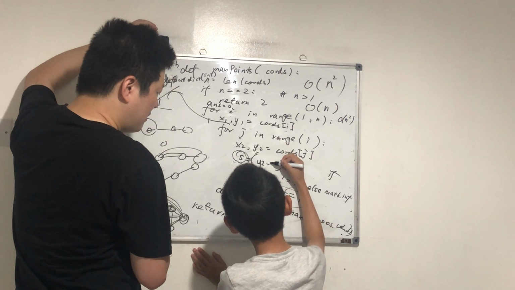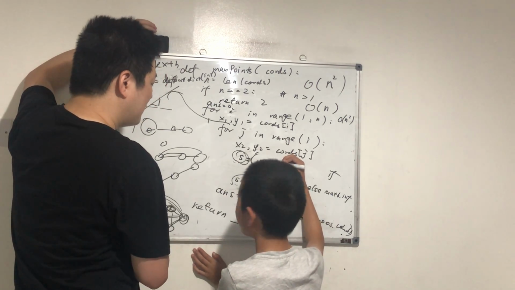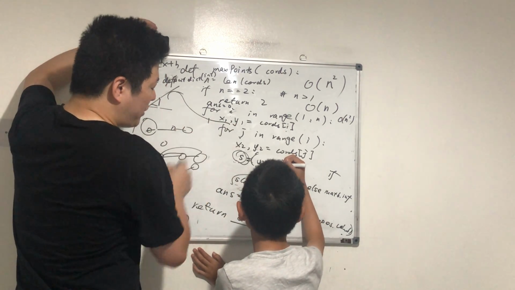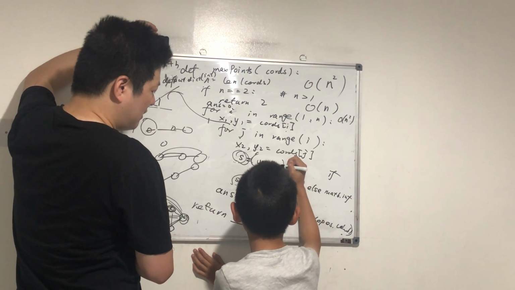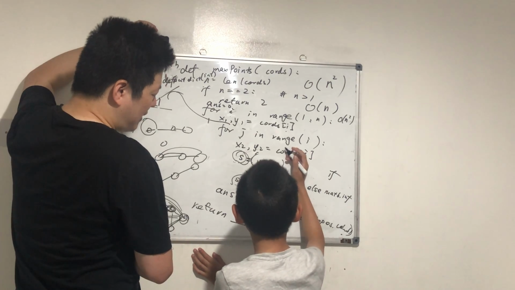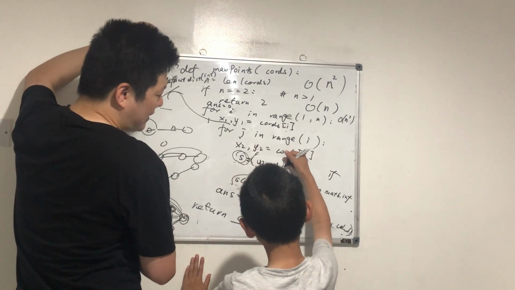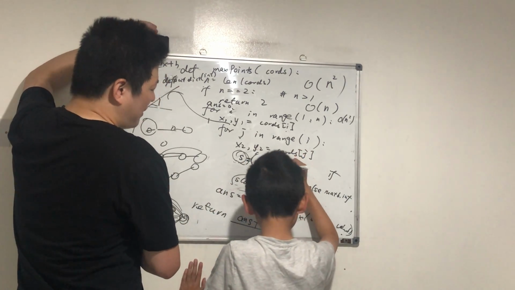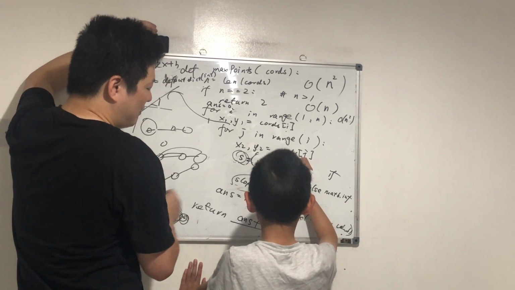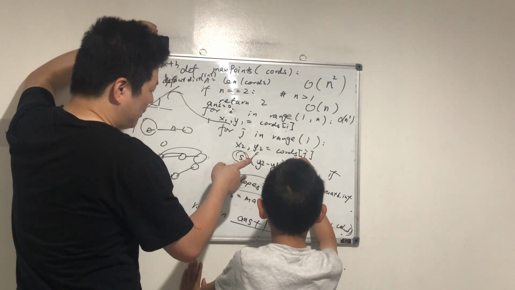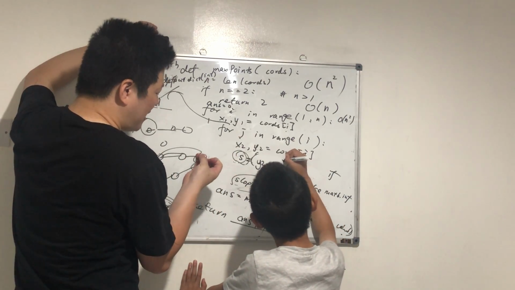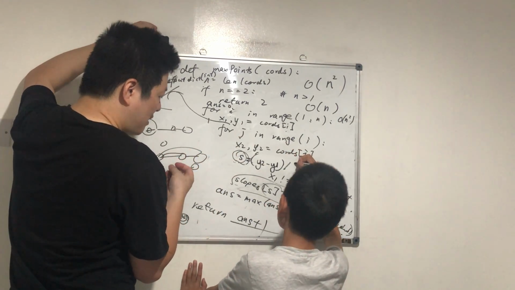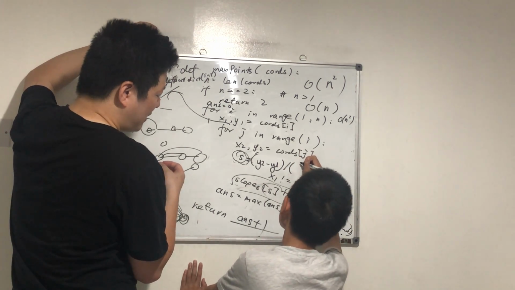Minus y1. Okay, and then divided by what? Don't need to use integer, no, not double, because we actually want the floating point.